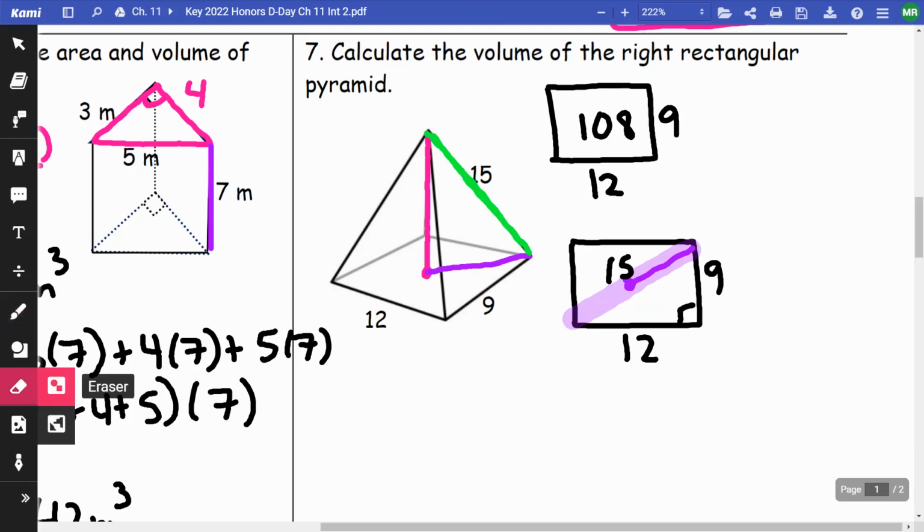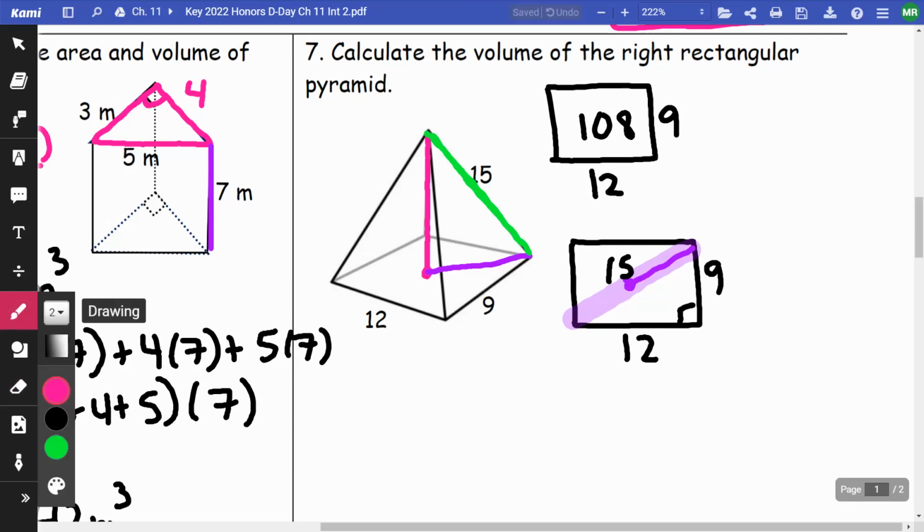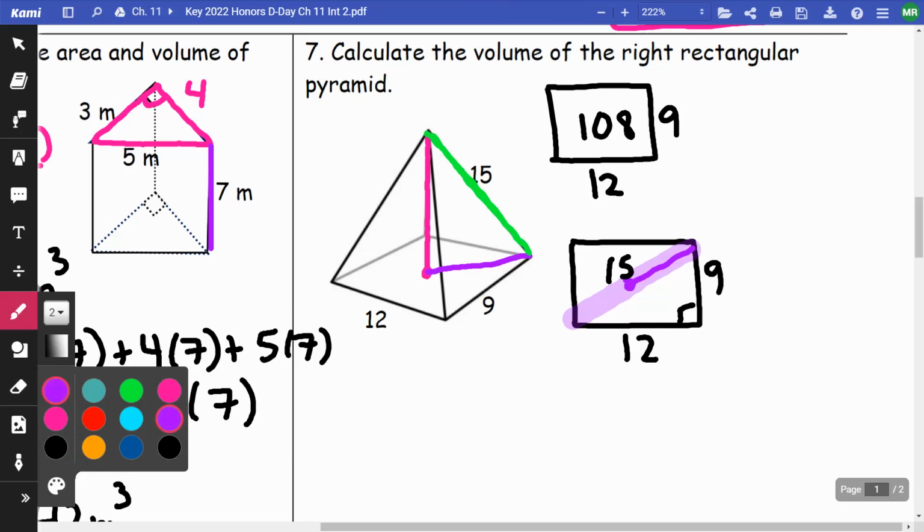Okay, so now what I need is not the 15. I need half of 15, which is going to be 7.5. So the distance from here to here is going to be 7.5. And so I have another right triangle where I'm trying to find that height.